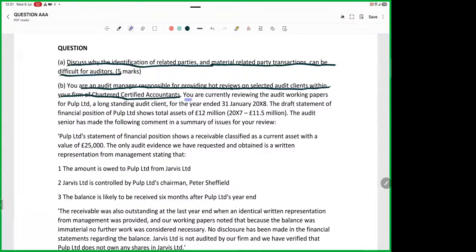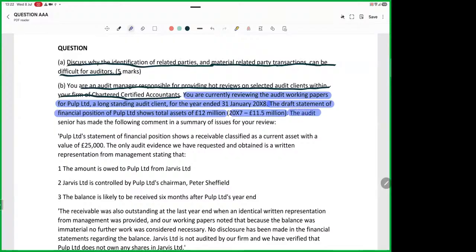You are currently reviewing the audit working papers for Pulp Limited, a long-standing audit client for the year ended 31st January 20X8. The draft statement of financial position of Pulp Limited shows total assets of 12 million, and in 20X7 they were 11.5 million.